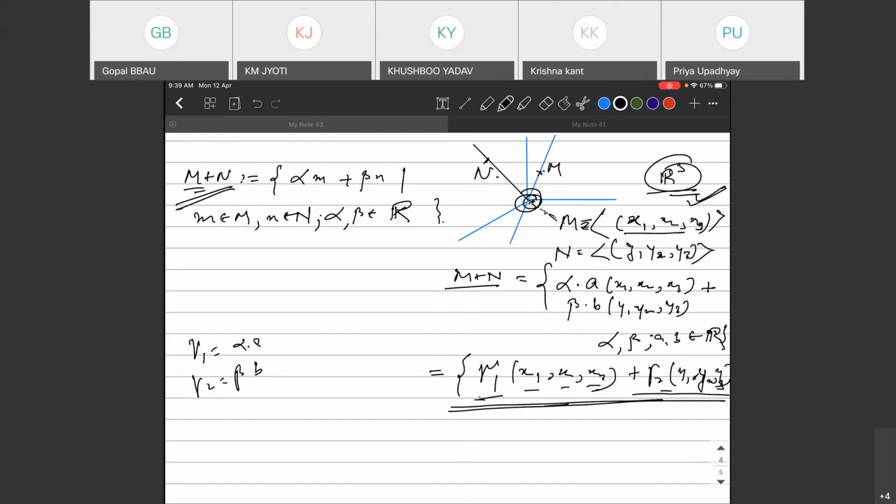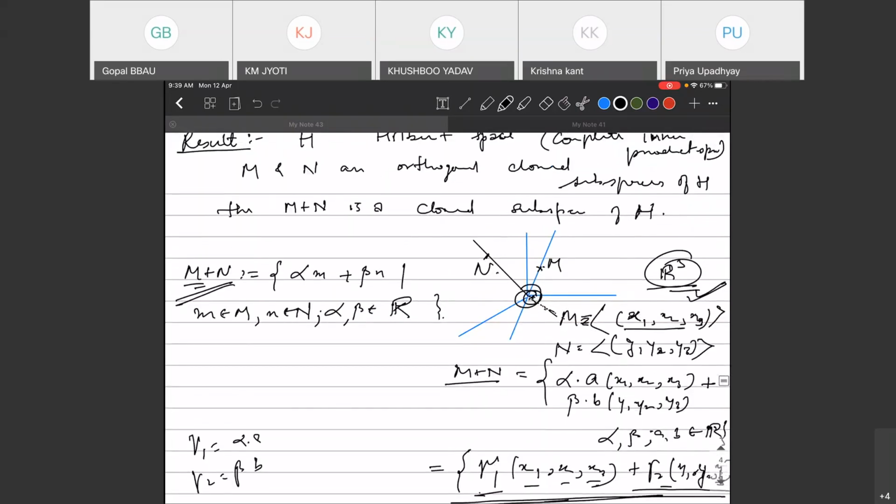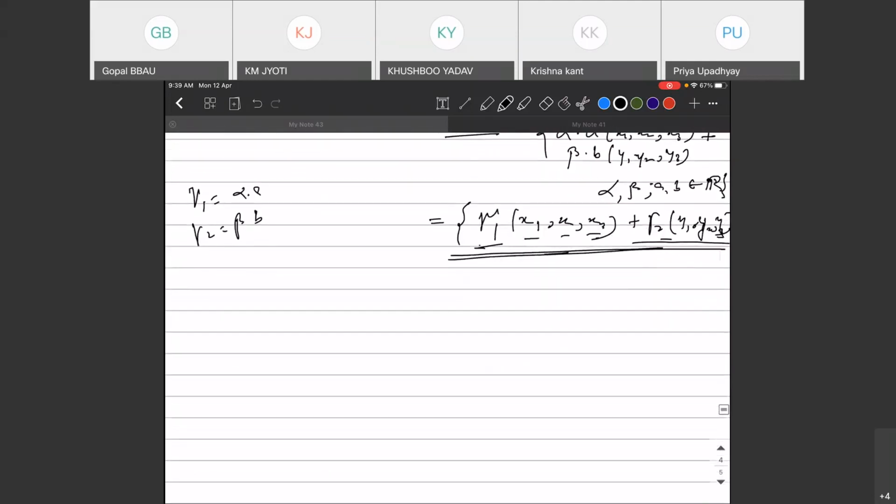Okay. And it is easy to see this is a closed subspace. Let's see a proof of this. Okay, wait a minute.